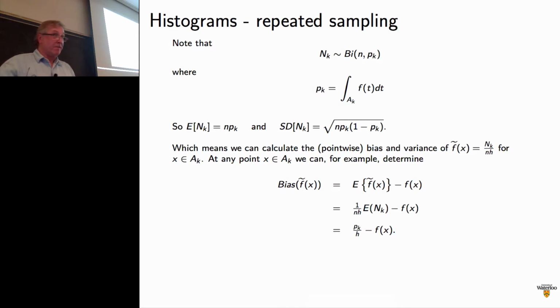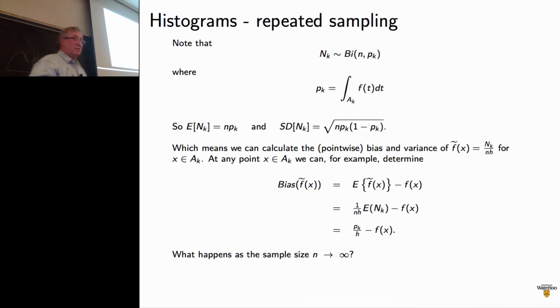Questions? Everybody knows what bias is, right? Good. So what happens as n goes to infinity? We get a bigger and bigger sample size. What happens to our bias? What's the math telling you?